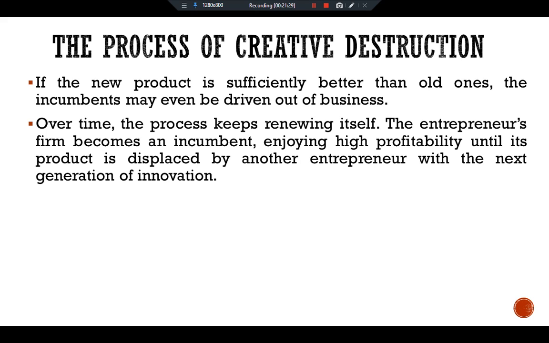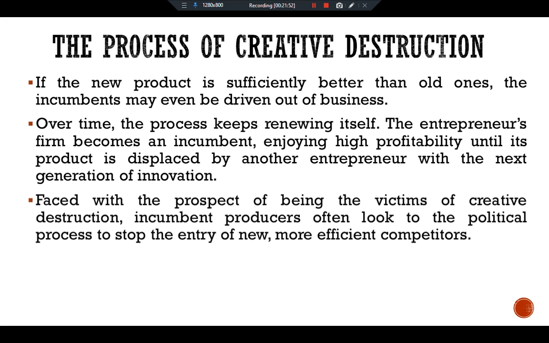These changes benefit consumers, who can buy goods at a lower price, and the stakeholders of Walmart, who share in its profitability, but they adversely affect small mom-and-pop stores, which find it hard to compete with a Walmart that opens nearby. Faced with the prospect of being the victims of creative destruction, incumbent producers often look to the political process to stop the entry of new or more efficient competitors.